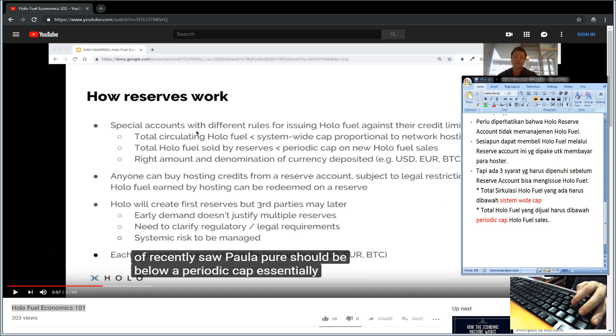Sales. Okay. Then the rate, amount and denomination of current deposit.